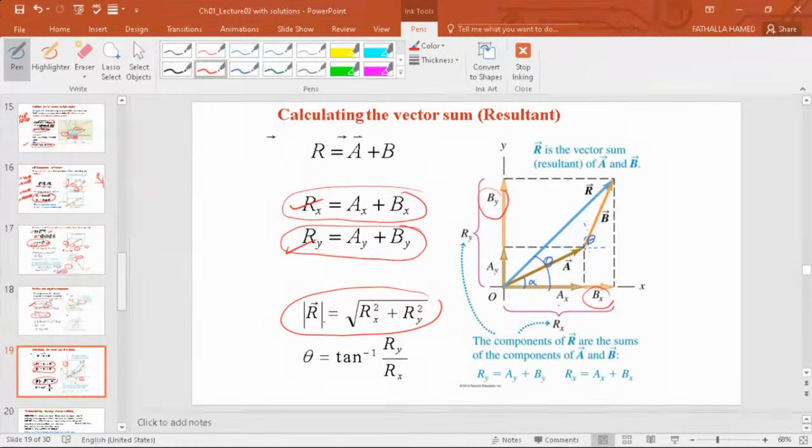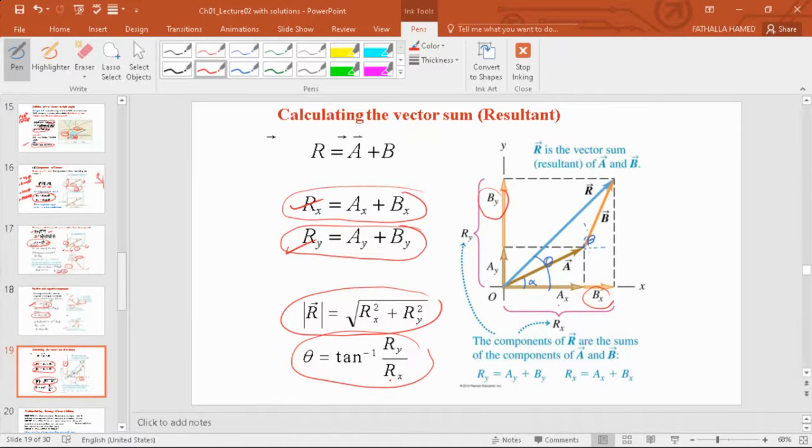And of course, whenever you do that, you can get plus or minus for square root, but we're taking a positive value. We need the magnitude, which is here absolute value. And then your angle theta, calculated here, will be the tan inverse of Ry over Rx.